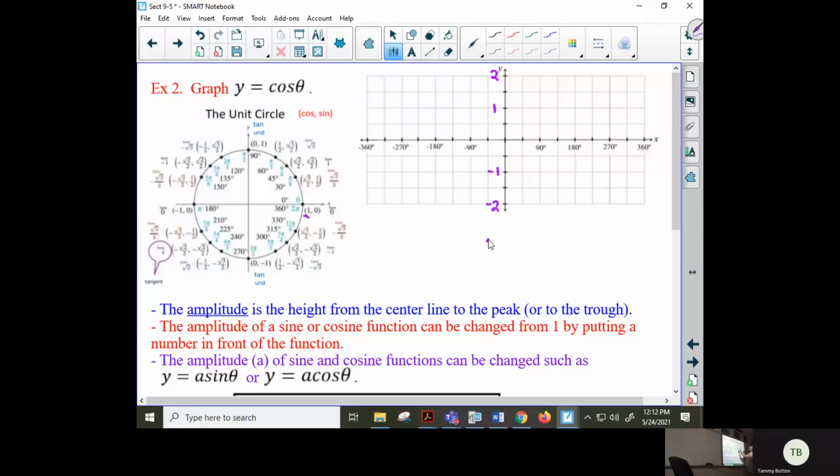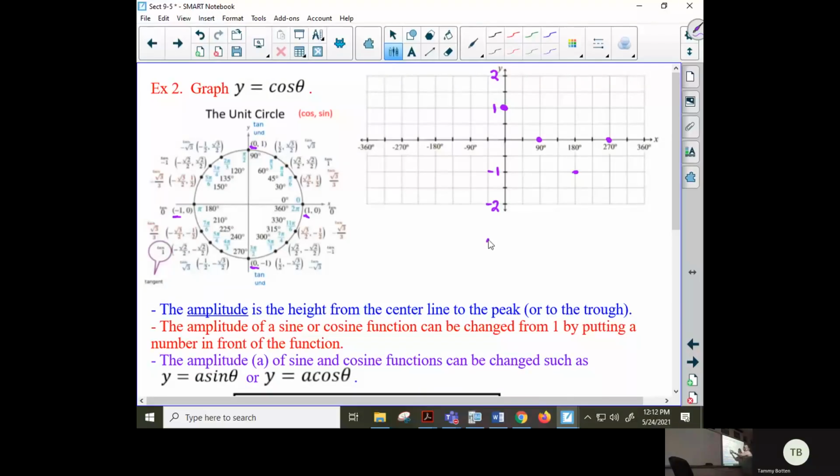So at 0 degrees, cosine is 1. At 90 degrees, cosine is 0. At 180 degrees, cosine is that first thing, so it's at -1. At 270, cosine is 0.